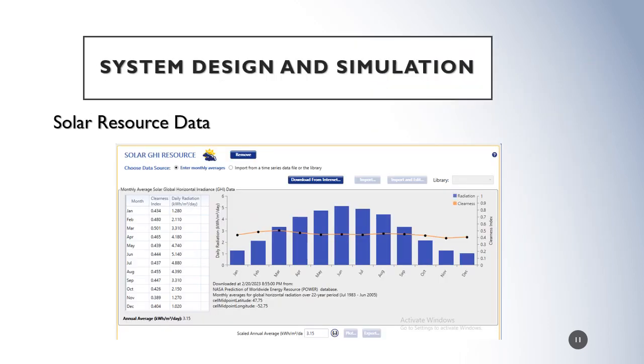So let's move on to the system steady state modeling. Solar resource data were important according to the selected site location. The picture shows the downloaded solar resource data, and you can clearly see that it varies with the month of the year due to the seasonal changes.